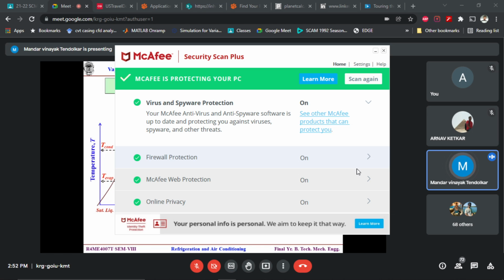This is the extra part, meaning you have to do that work on the compressor side, and this is the loss in the refrigeration. Do you agree? Yes, sir.